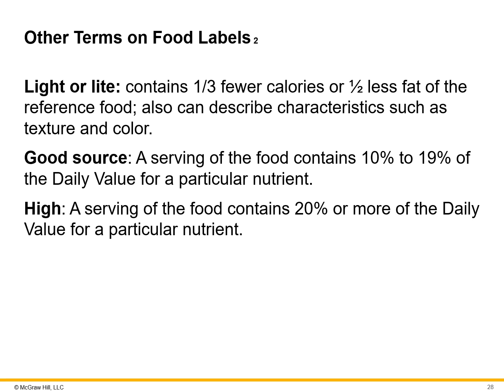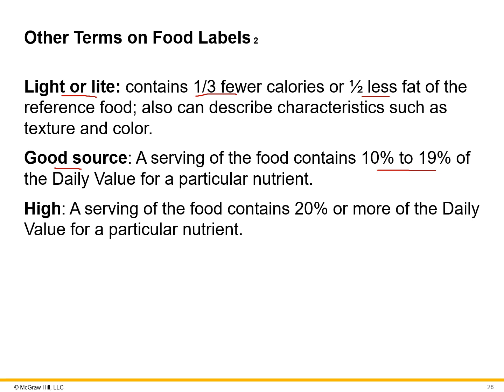A few other things here. If something is listed as light, either way it's spelled, again this is in reference to a reference food, so it's a third fewer calories or half as much fat. A good source: if something says it's a good source of your daily calcium or vitamin C, in order for that claim to be on there, it has to have at least 10 to 19% of the daily value for that nutrient.